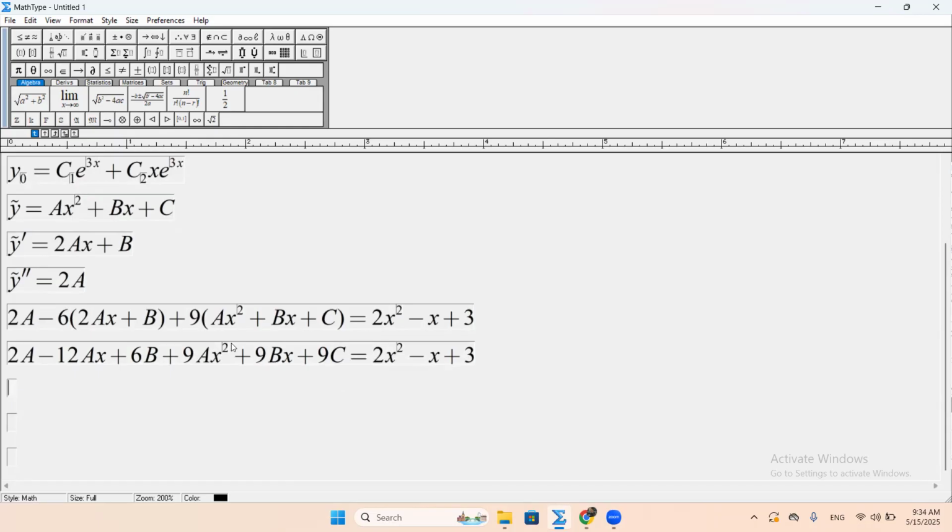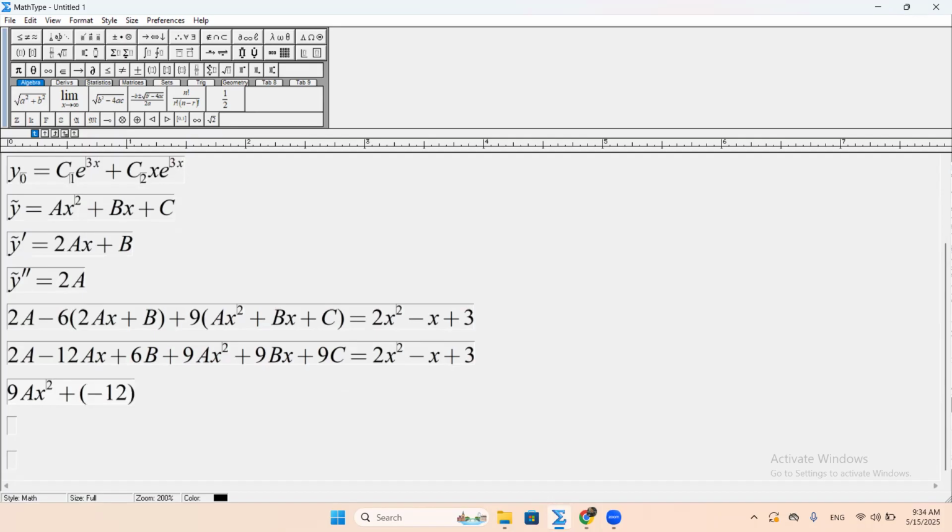Now let's regroup. For x squared: 9a. What about x to the power of 1?